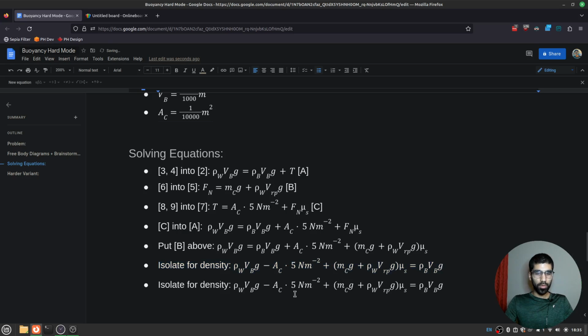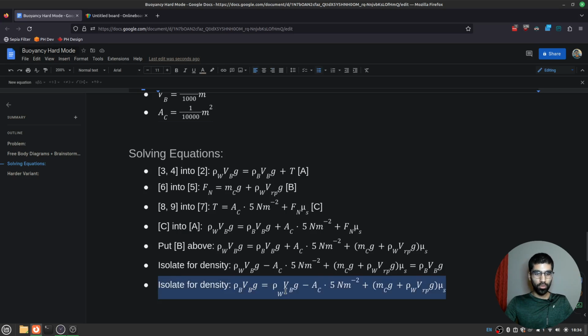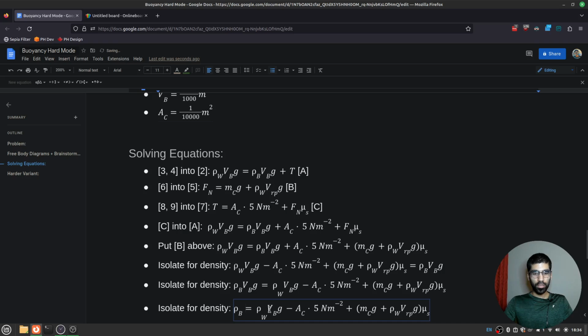Nothing's changed, everything's still equal. Now I'm also going to divide by these two terms over here. So I am going to copy this onto a new line, and we are done. When I divide on this side, these things cancel out. When I divide on that side, I have all of this stuff divided by these two things.